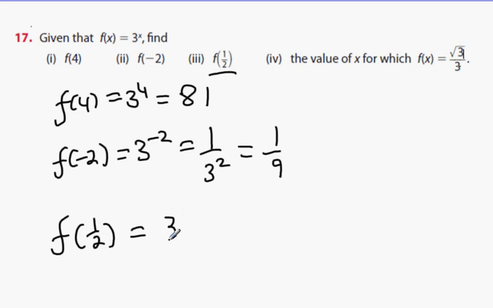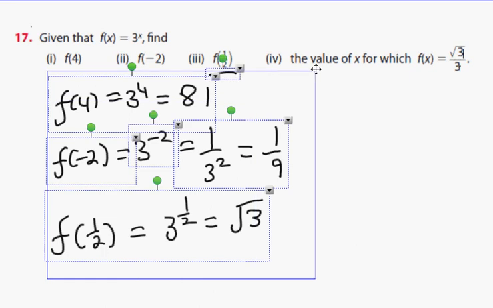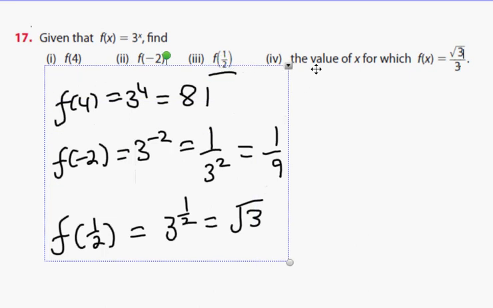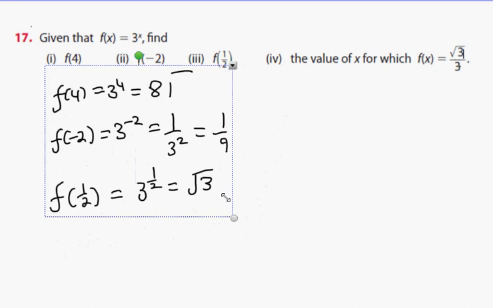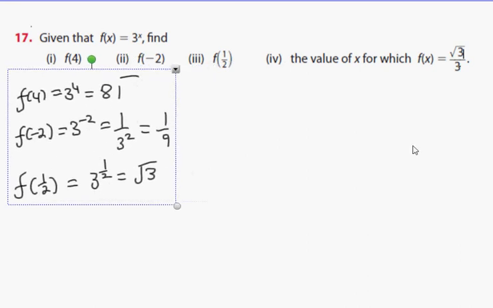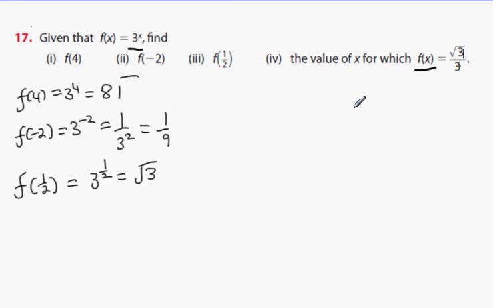And what is 3 to the power of a half? It's the square root of 3. Okay. Now to the big question. The big question is, find the value for x for which it's root 3 over 3. So what do I write down for f of x? 3 to the power of x equals root 3 over 3.